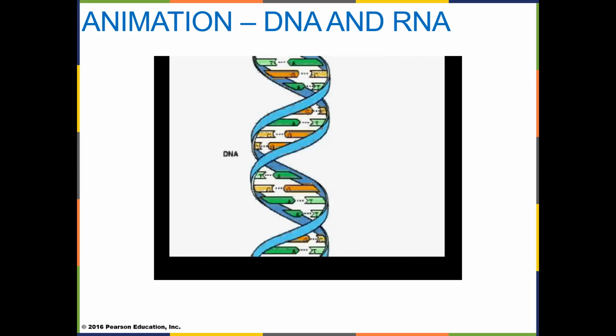Hemoglobin at the number 6 spot should have glutamic acid. It's like 360 amino acids long. Number 6 spot is supposed to have glutamic acid, but in sickle cell hemoglobin, it has the amino acid valine. Valine's a perfectly fine amino acid. It just doesn't belong in the number 6 spot in hemoglobin.